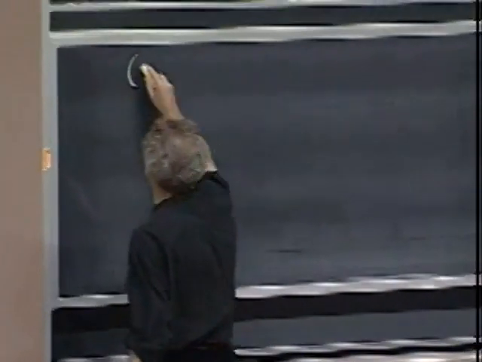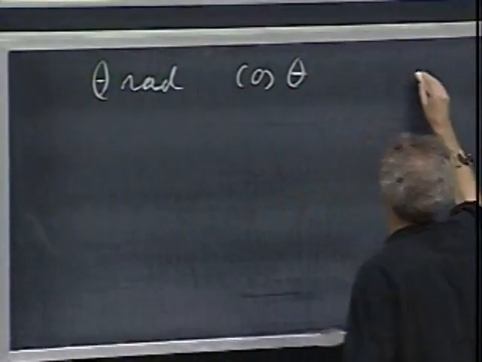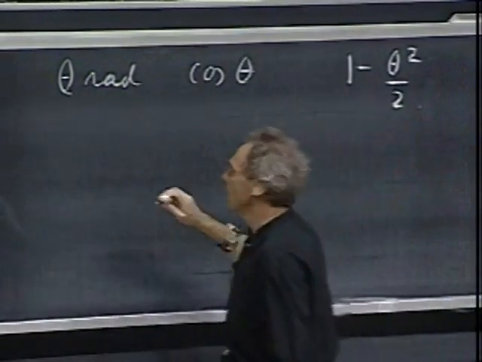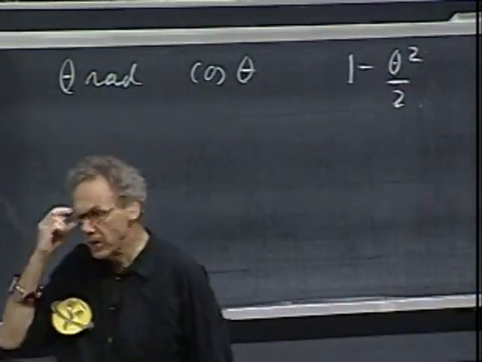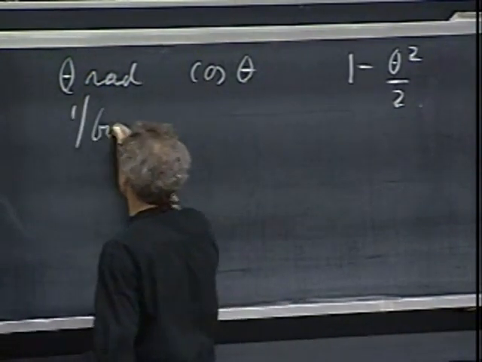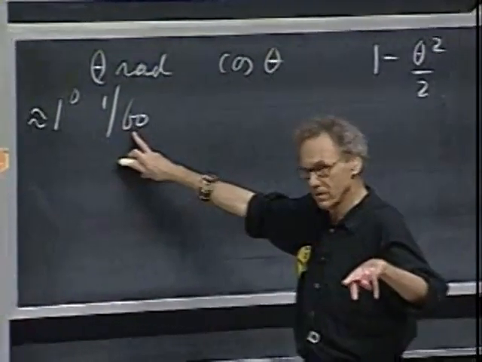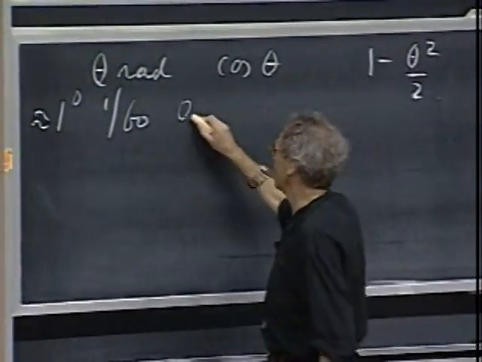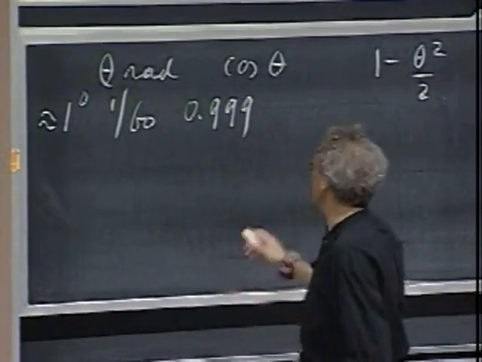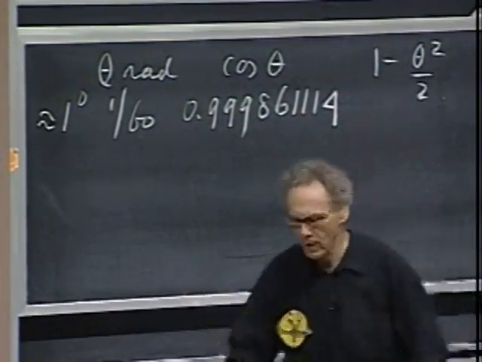If I give you here theta in radians, and here the cosine of theta, and here 1 minus theta squared over 2, then if I take 1/60th of a radian, which is approximately 1 degree, but I pick exactly 1/60th, and I ask what the cosine is, that is 0.999861114. I just used my calculator.